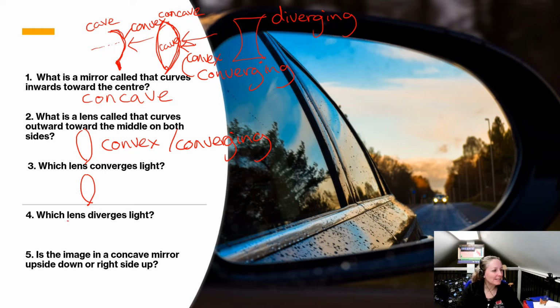And which lens diverges light? That is the diverging lens. Is the image in a concave mirror upside down or right side up? Well, you might remember if the mirror curves this way and you've got an object this way, the image will look upside down. Okay, and we do some work on how to show that in the next few slides.